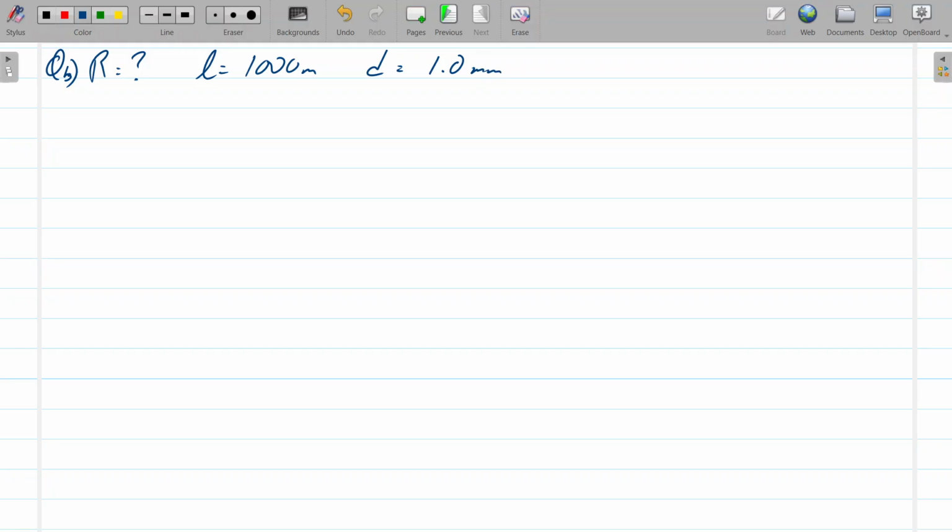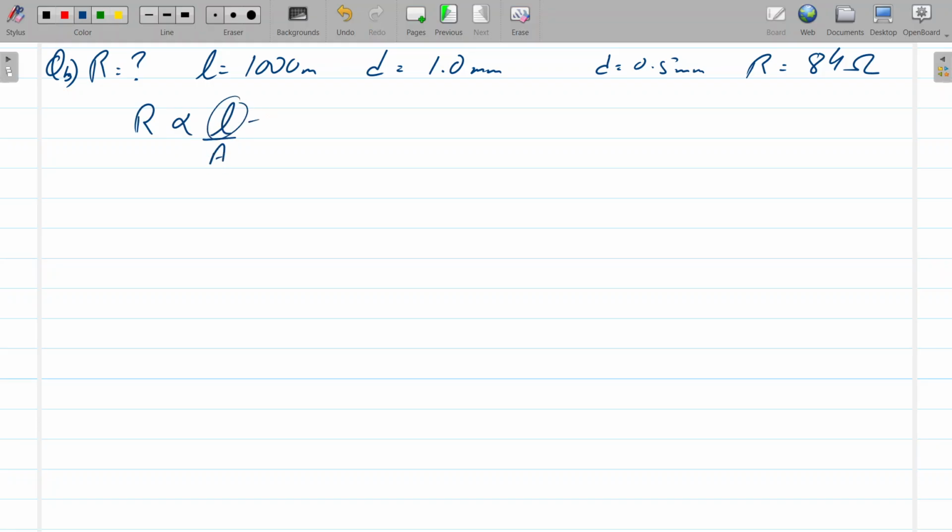And so we know the relationship, right? We knew that when the diameter was 0.5 millimeter, and the length was 1000 meters, the resistance was 84 ohms. We knew that, right? Okay, so again, R is directly proportional to length and inversely proportional to the area.